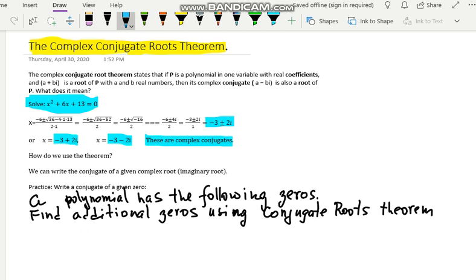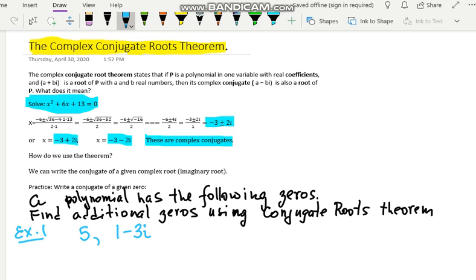My next example: a polynomial has the following roots. Find the additional zeros using the conjugate roots theorem. Alright, my first example. Example 1. Let's say I have the following zeros: 5, comma, 1 minus 3i.